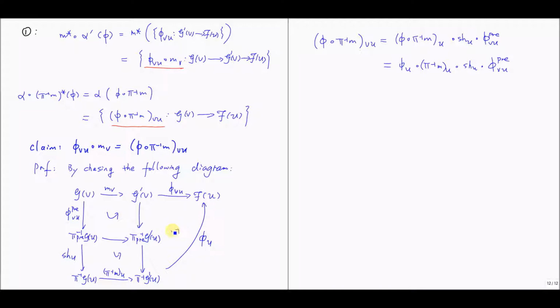So this region is commutative because of the definition of phi sub vu. So by the diagram tracing, we finally will get M sub v composed with phi sub vu. And we are done. This is what we want to prove.